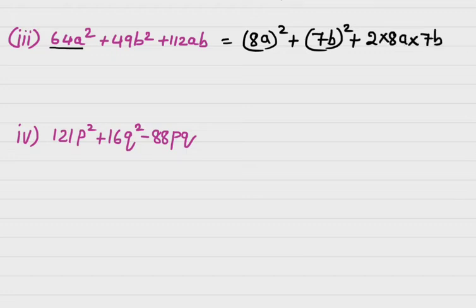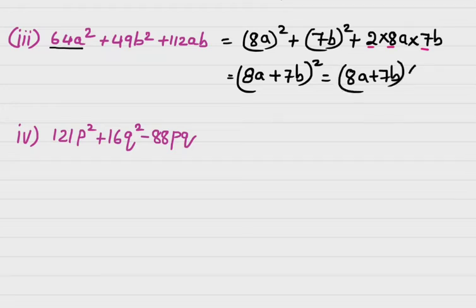So see, 8a whole square plus 7b whole square plus, if you take 2 8s are 16 into 7 is 112ab. So this is a square plus b square plus 2ab form. So it will be equal to 8a plus 7b whole square. That means first term plus second term whole square. So it will be coming into 8a plus 7b into 8a plus 7b.